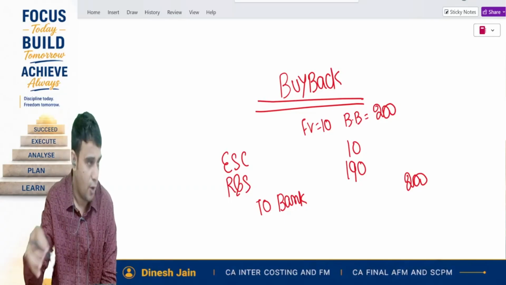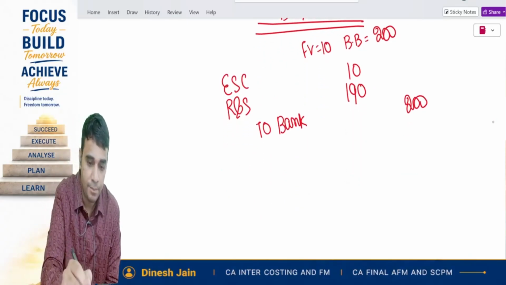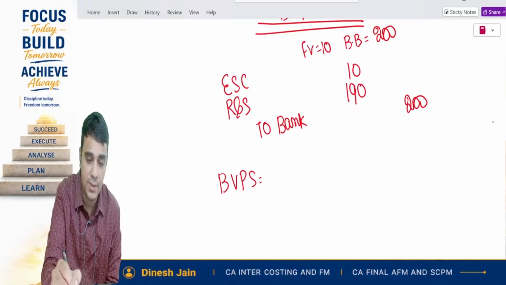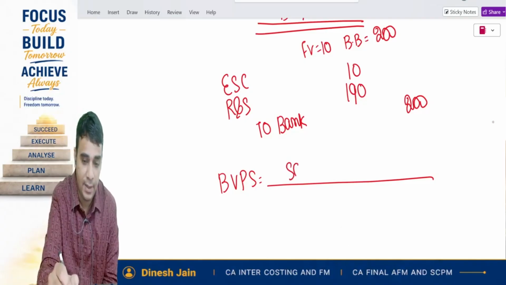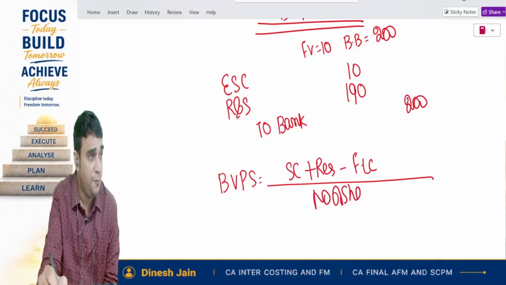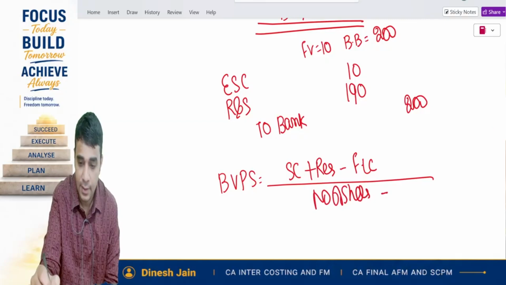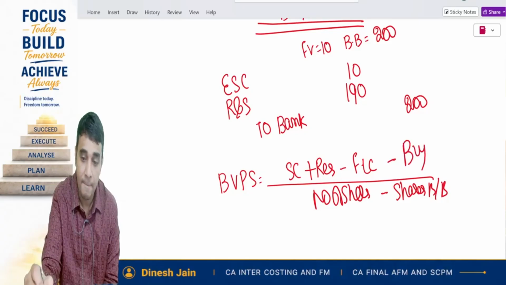We learnt a formula called book value per share. Not sure you'll remember this. Tell me, what is the formula for book value per share? Share capital plus reserves minus fictitious asset. If you do buyback, the buyback size will reduce in the numerator, minus shares bought back in the denominator.